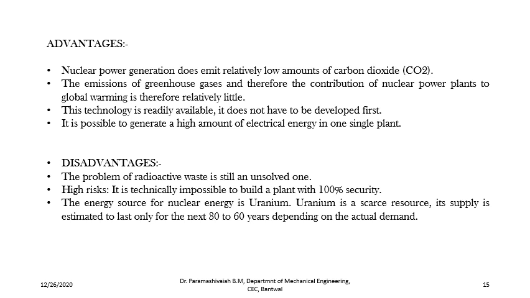Its supply is estimated to last only for the next 30 to 60 years. The available uranium on this planet Earth is very limited, and if we continue to use it at this rate, it will be totally exhausted in 30 to 60 years. So we have to think of other technologies. These are some drawbacks.